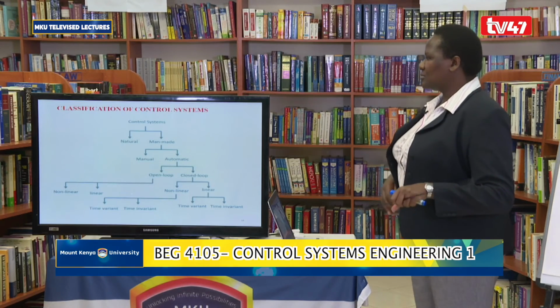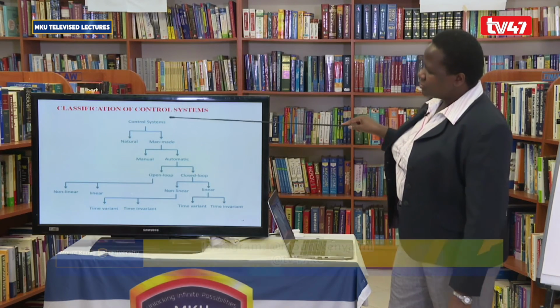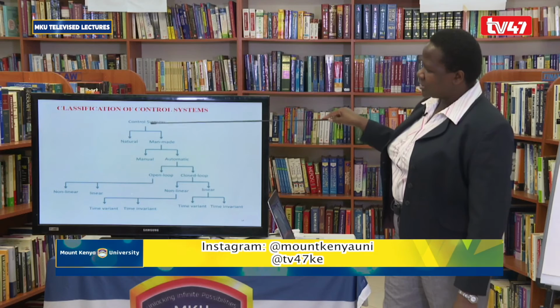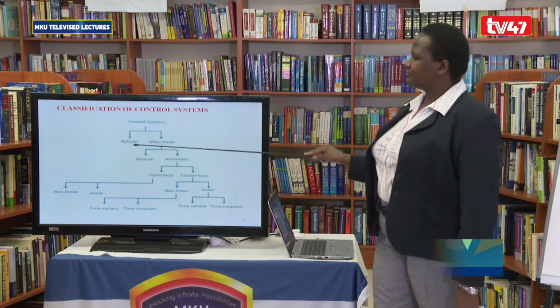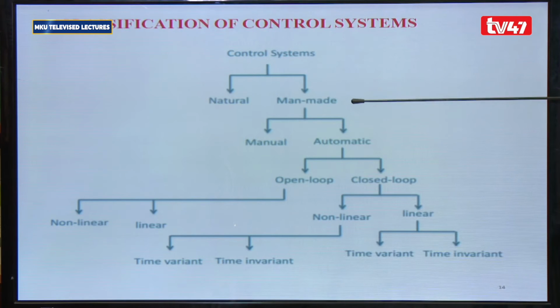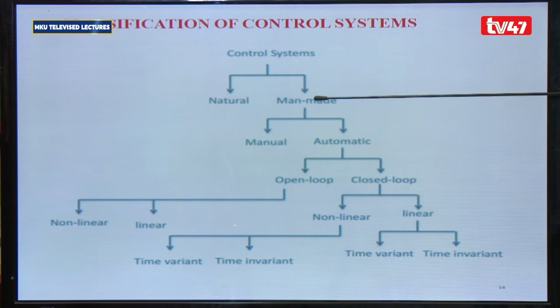Now when you come to the classification of control systems, these control systems are divided as they go downwards. We have the natural and the man-made. Natural, here we can take how the sun moves. That is a natural phenomenon. We don't control that. And we have the man-made.